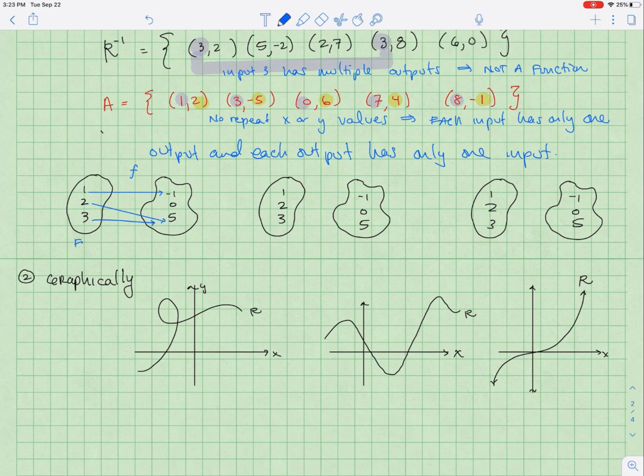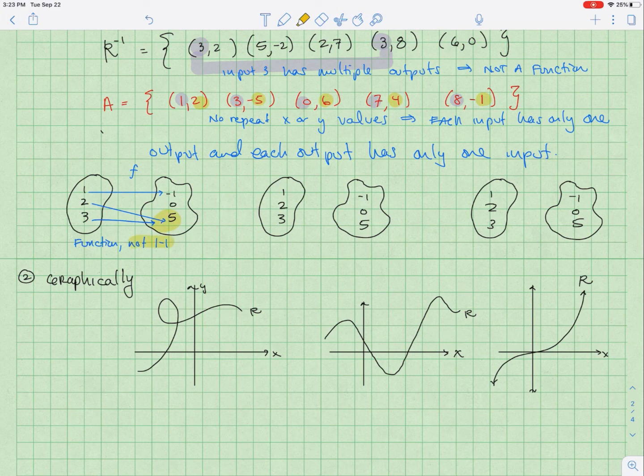This is a function, but not 1 to 1. Why is that? Because on the left side, each input value corresponds to only one output value, but it's not 1 to 1 because this output has multiple inputs. That is to say, the two arrowheads combine at 5, and you can't have that.